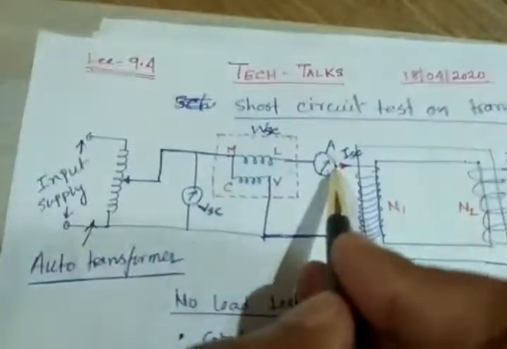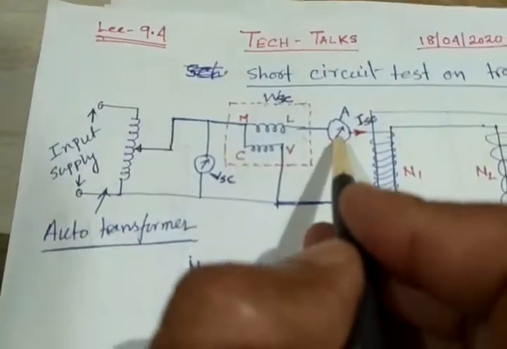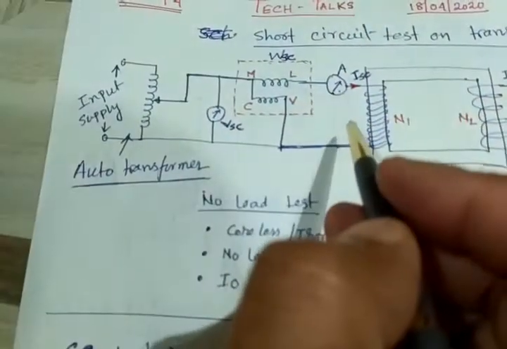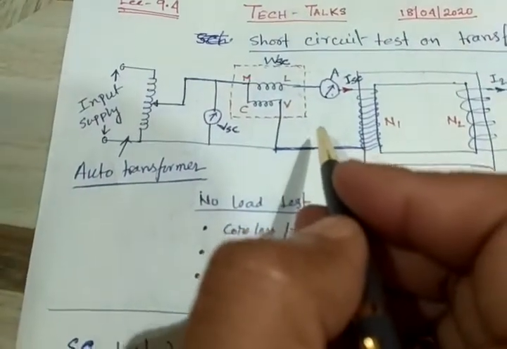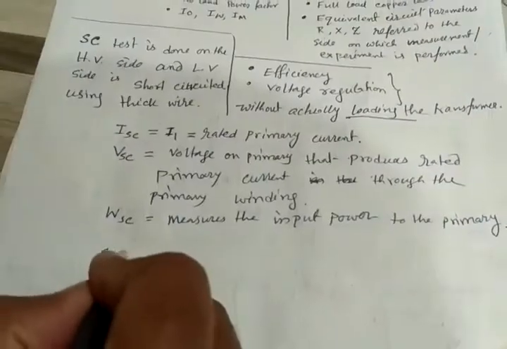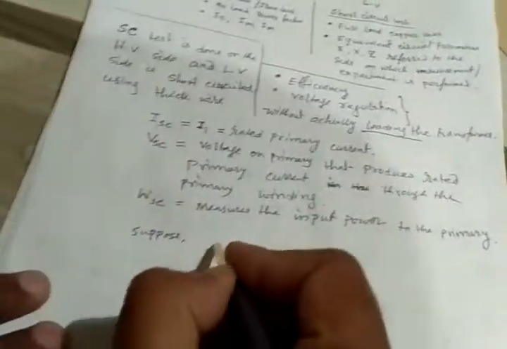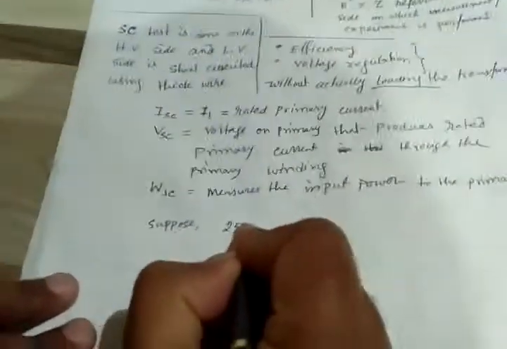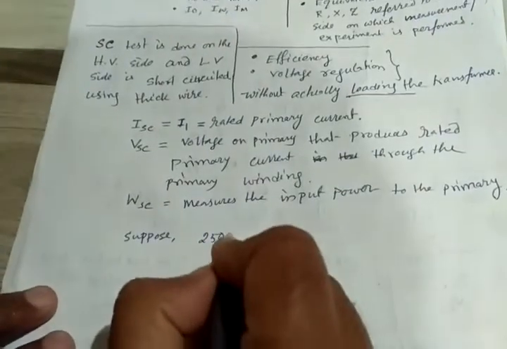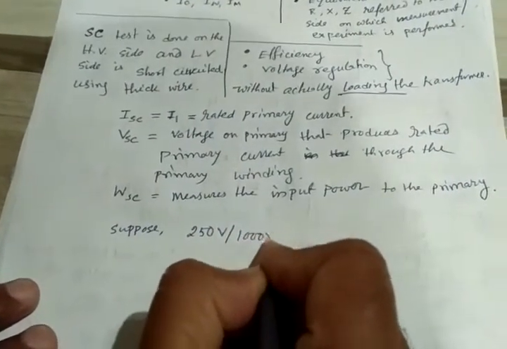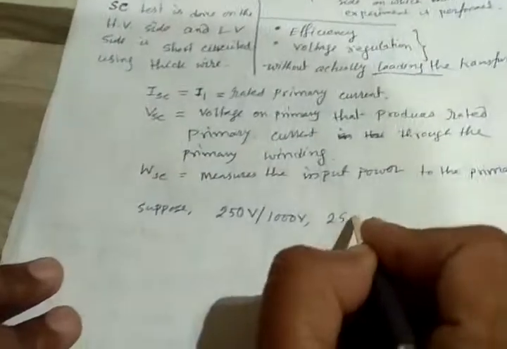When the current reaches the actual rated primary current, now how do we get the rated primary current? Rated primary current we can get from the transformer rating. Like suppose the transformer rating is 250 volt by 1000 volt and 250 kVA.